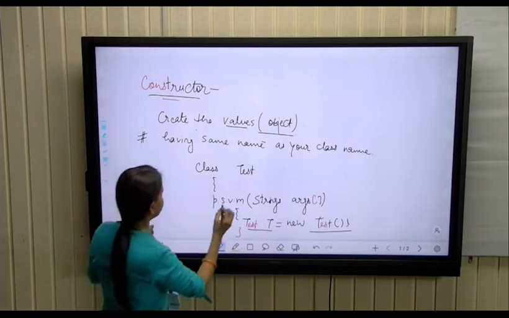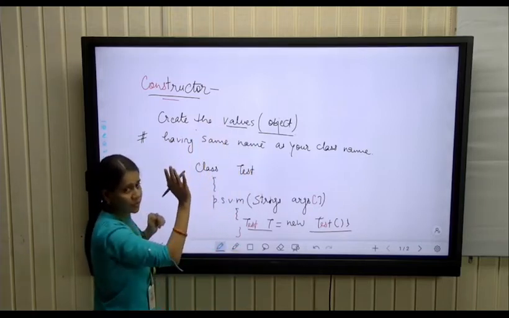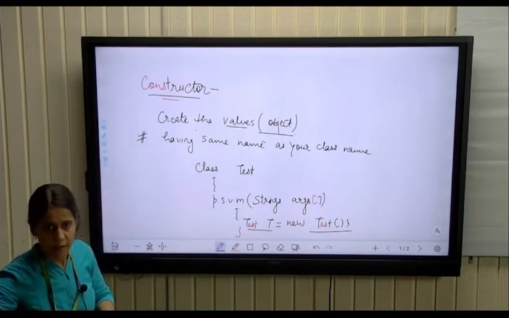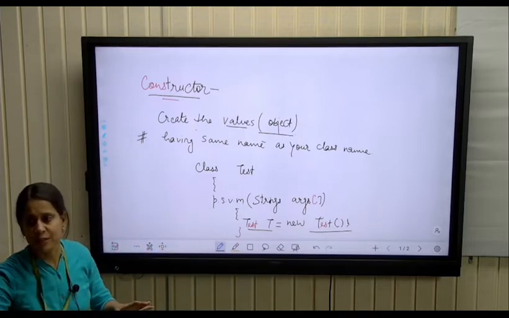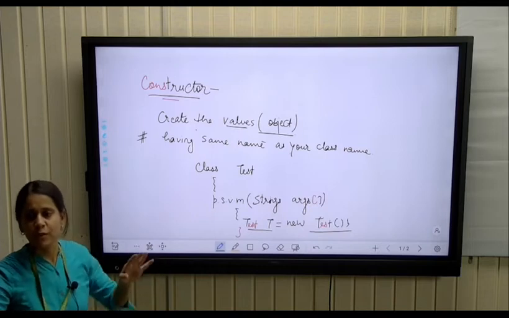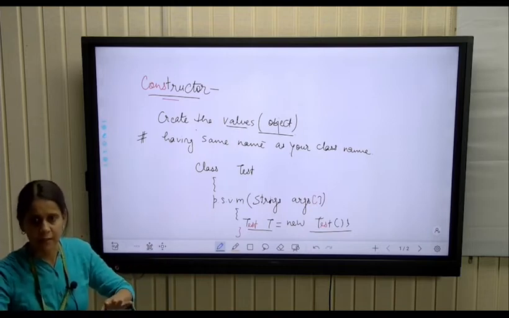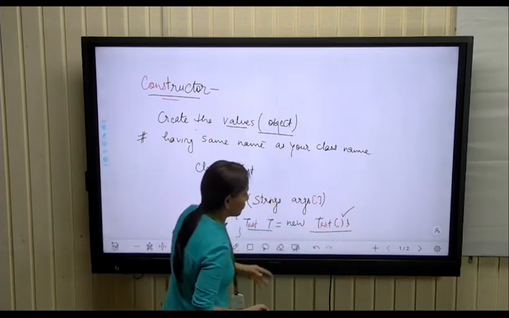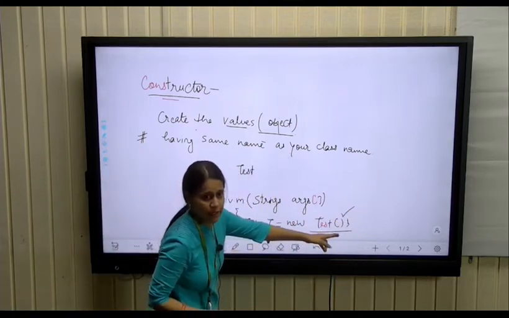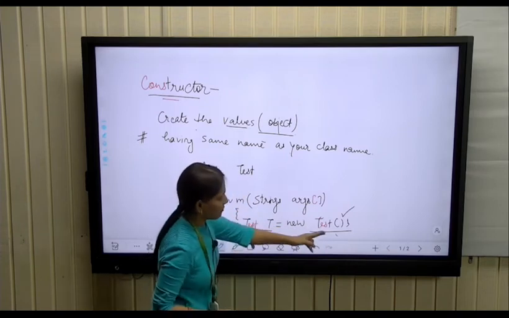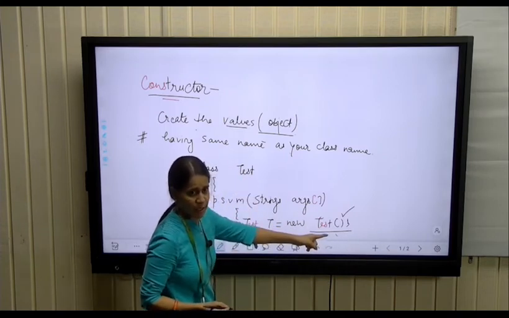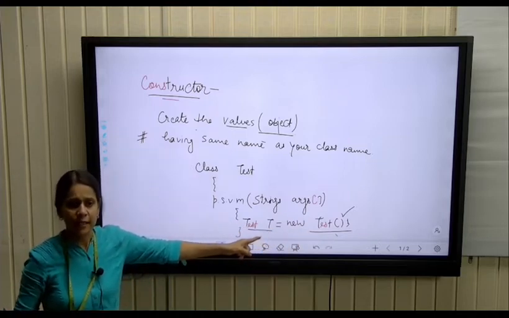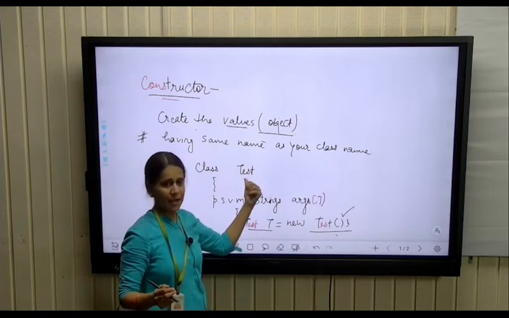And see, we are talking about the constructor, and the constructor is called when we are creating the object. It is called the default constructor, and Java provides you the default constructor. Means, see, here I'm using the class Test, right? The name of the class is the same as the function name. Your function name over here is Test, so Test is the same as your class name.